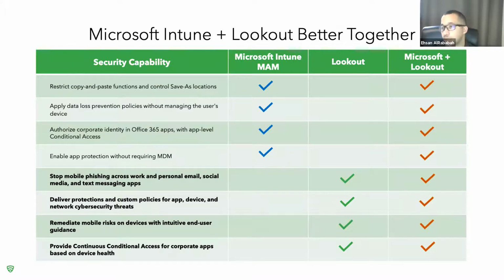You'll be able to instruct the user how they can remediate so they restore the access without the involvement of admins, which is really important. And then the whole scenario is just to provide continuous conditional access for the Office 365 apps based on the security posture and the visibility that Lookout brings into Azure Active Directory and into the Intune MAM policy here.